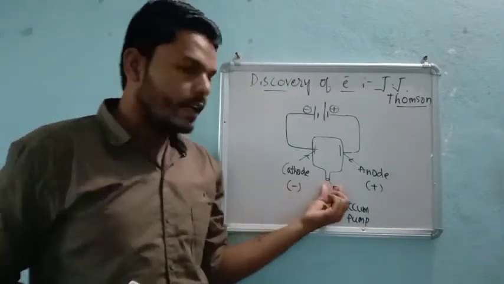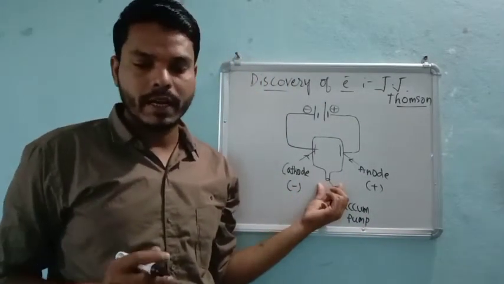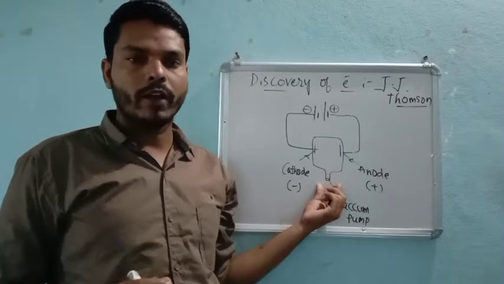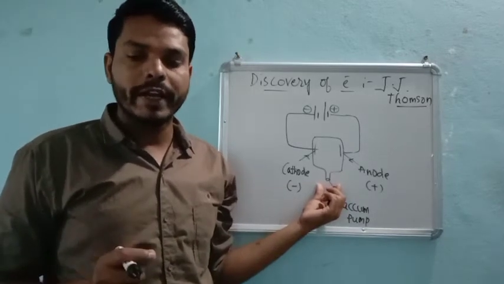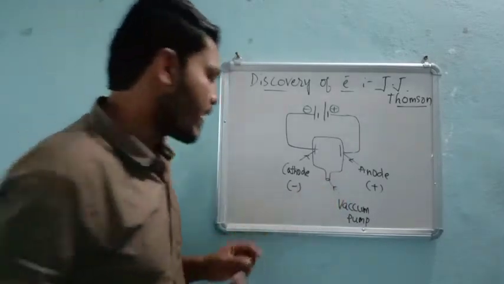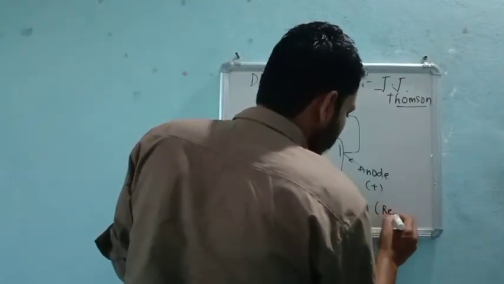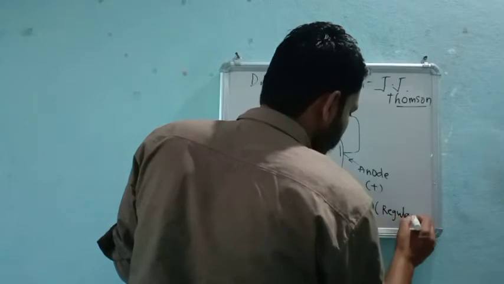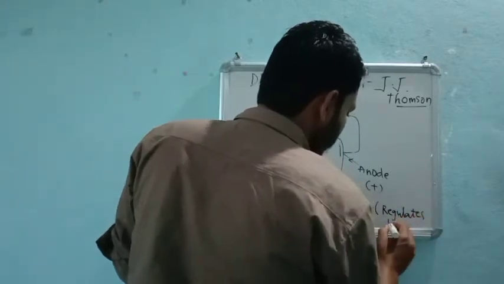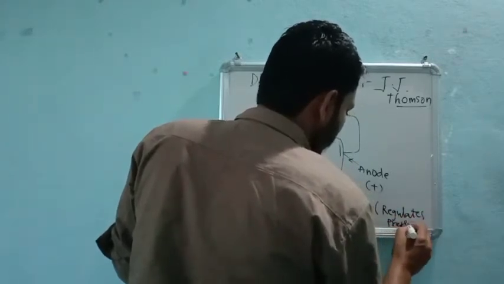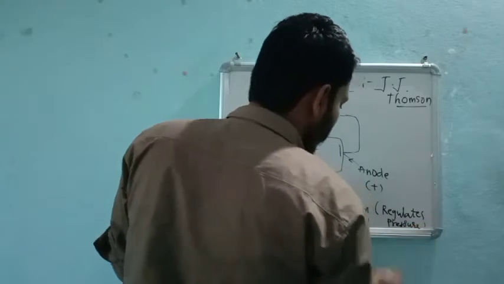The vacuum pump in the discharge tube regulates the pressure of the gas. It regulates pressure, so it will not make more pressure.